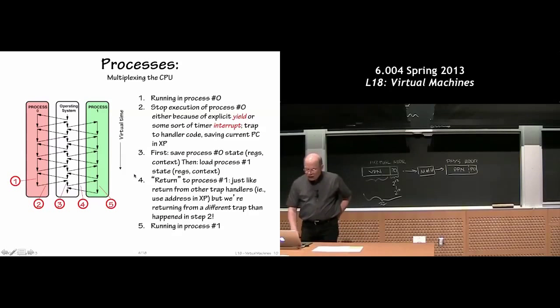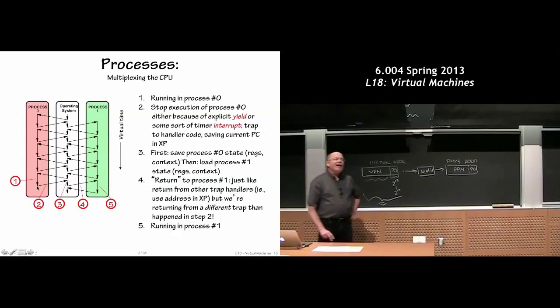Okay, so here's the plan. Here are these two processes running away. I'm going to start off running in process 0, and at a certain period of time, right here, this magic moment in time, so time is sort of going down the screen. In this particular case, it's virtual time. So this notion of time elapsing in process 0, it suddenly gets to the end of it.